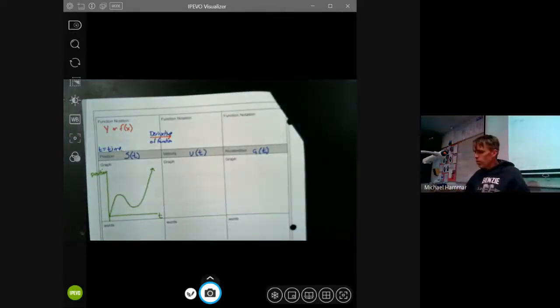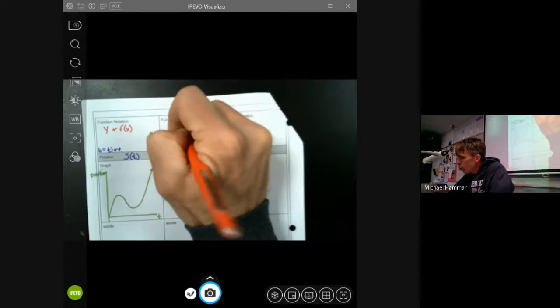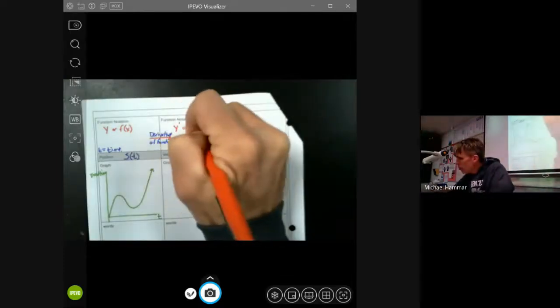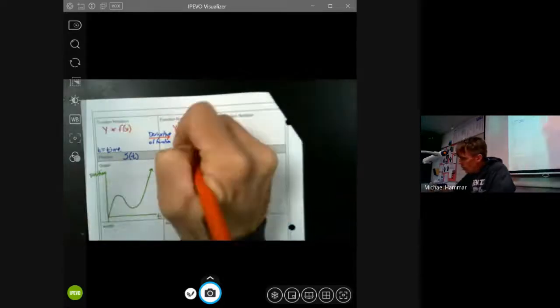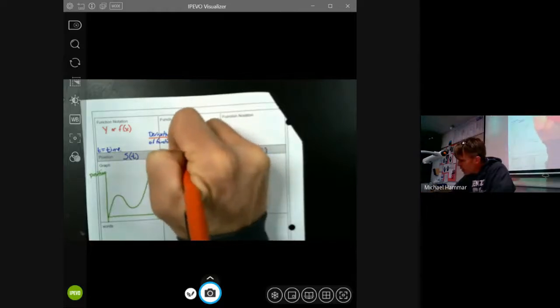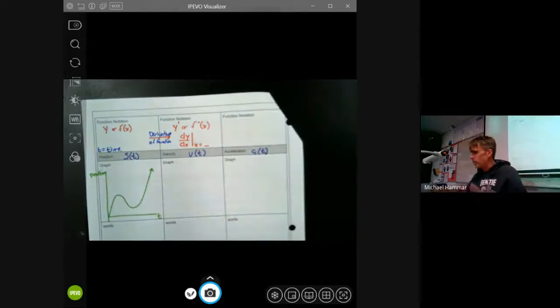Okay? So what is the notation for each one of these? Well, velocity would be y prime, or it would be f prime of x, or it would be dy/dx, and then of course you would have some x value, but you would be taking the derivative of each of those things.